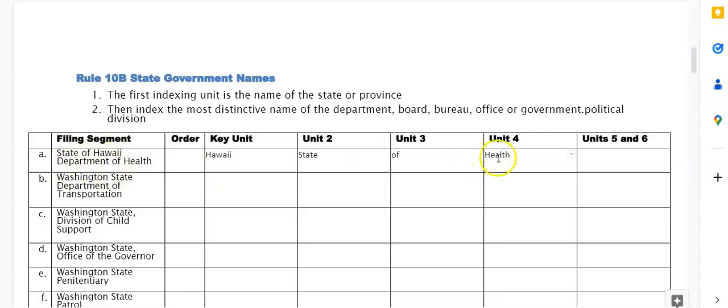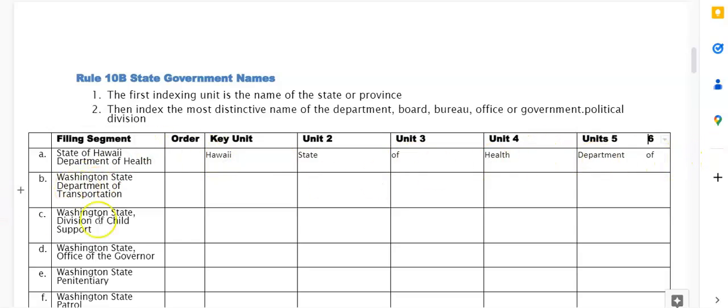And so health is, as I said, most important. Okay. And then department is unit 5. And because I don't have too many columns available in my sheet, of is unit 6. And I'll just move that there. Okay, so State of Hawaii Department of Health would be filed as Hawaii State of Health Department of.